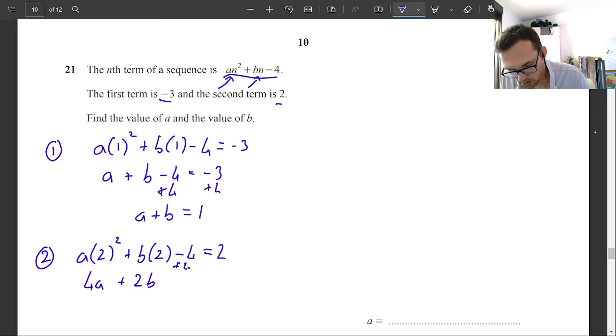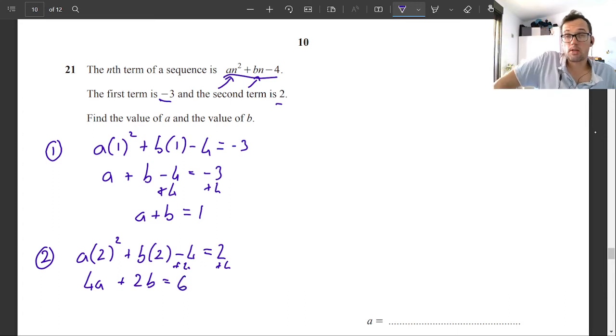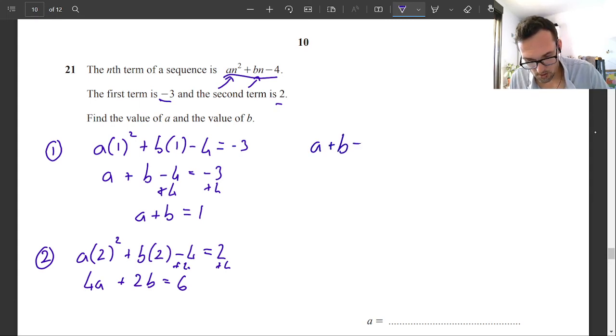Add 4 to both sides, equals 6. Now this is nice because now we got two equations. We got a plus b equals 1 and 4a plus 2b equals 6.